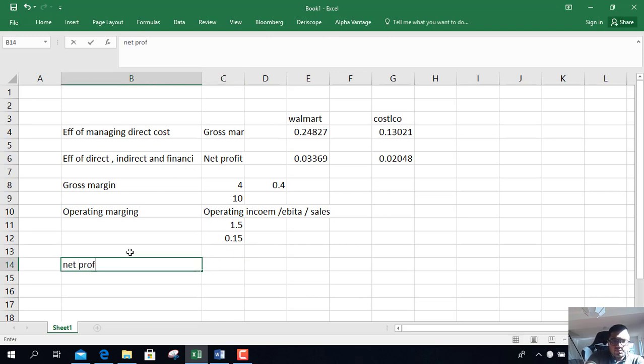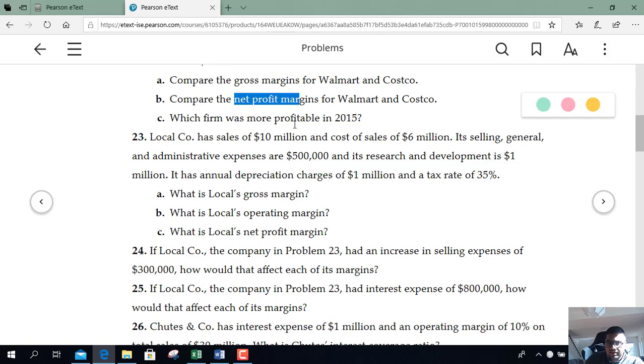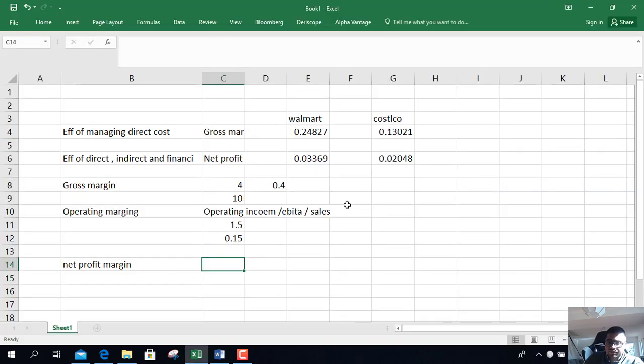Next is net profit margin. Net profit margin is deducting everything, including depreciation, which is a non-cash expense, and then calculating tax on it. So whatever is left after taxes. So you have to also consider tax. So it is 10 minus 6 million direct expense, 0.5 indirect expense, minus 1 million development cost, minus 1 million depreciation that they gave.